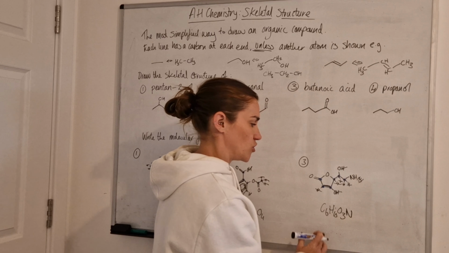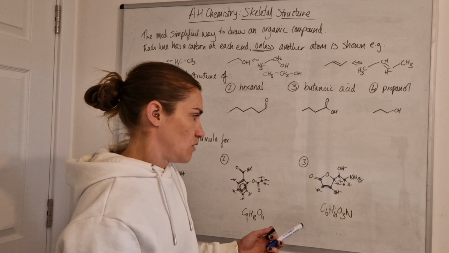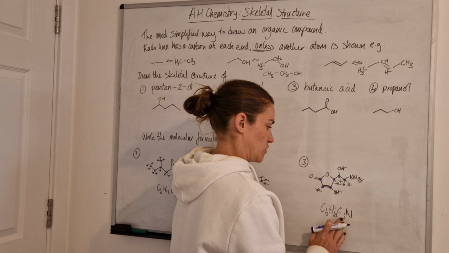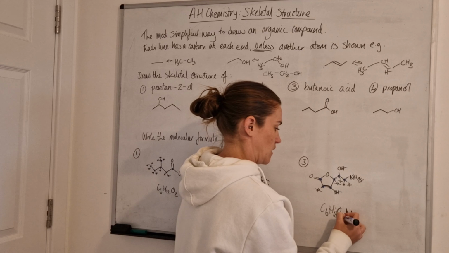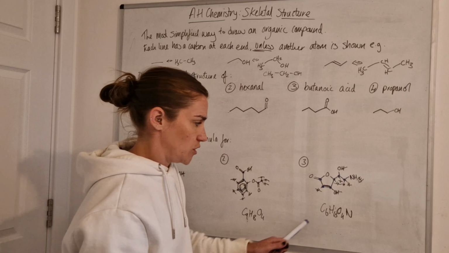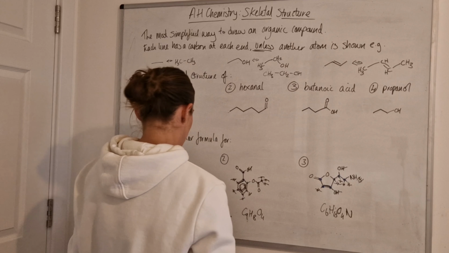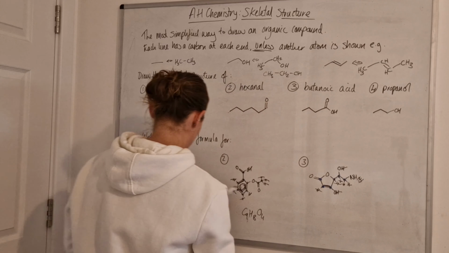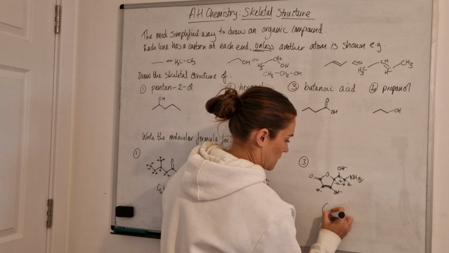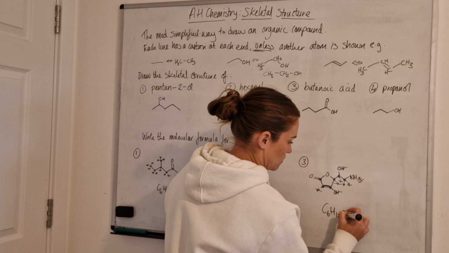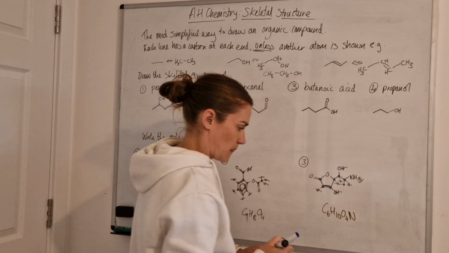Oh, I've missed an oxygen, there's 4 oxygens. So it doesn't matter which order you put the oxygens and the nitrogens in, you can put them in any order you like. I'll just rewrite that because it was a bit messy. So C6H10O4N.